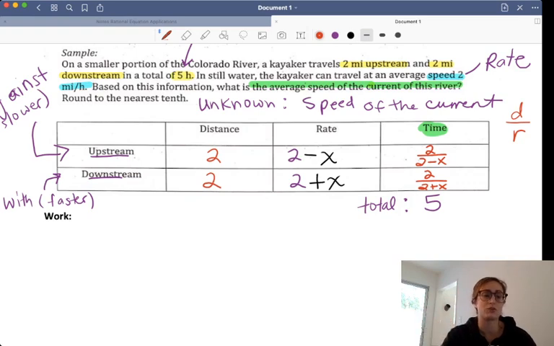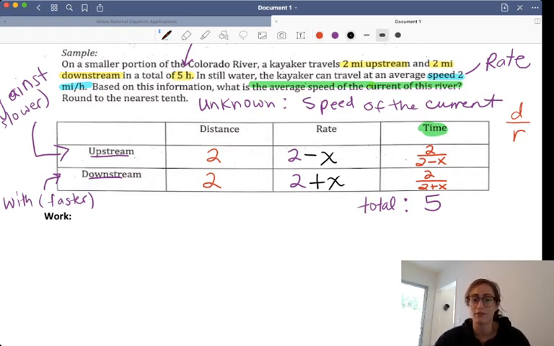For distance, I already know the upstream, the downstream, and the total, so there's nothing I can solve for a variable if I use that as an equation. For rate, we know upstream and downstream, but we have no information to tell us what the total is. But if we look here for time, I do have three pieces of information.